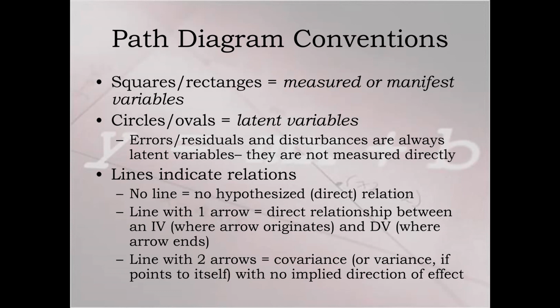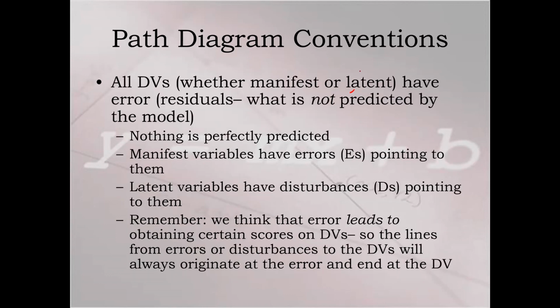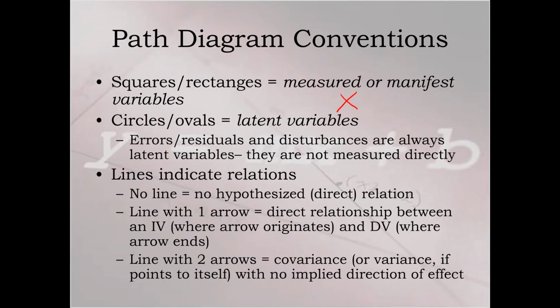Measured variable we also call manifest variable. And what that means is that that is an X variable that exists in our data set as an X variable, such as education 3. Okay.